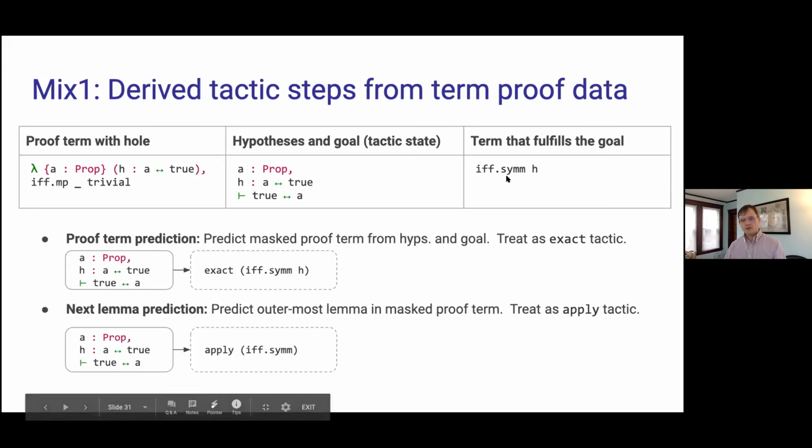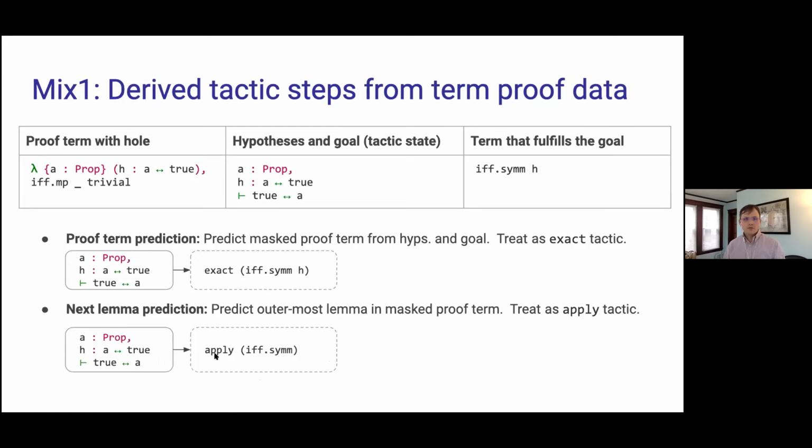So we also took all of these proofs that had an outermost lemma, and added that lemma with apply in the front as a way to augment our training data. Okay, so this is our first set of ways to use proof data to add to our data set. These are the most direct ones, where we're actually coming up with alternate tactic proofs.